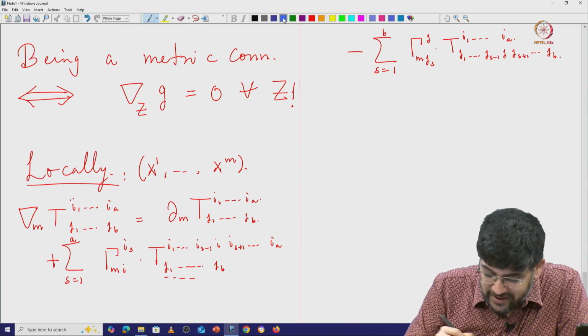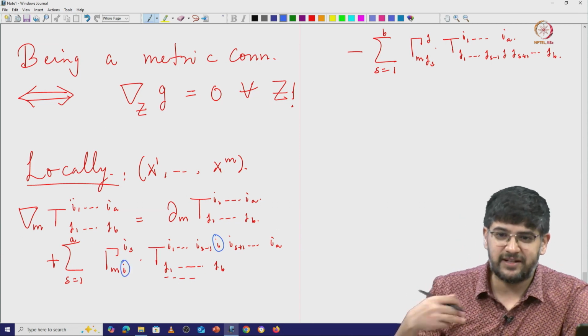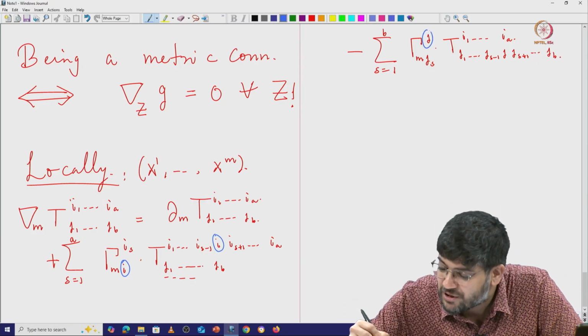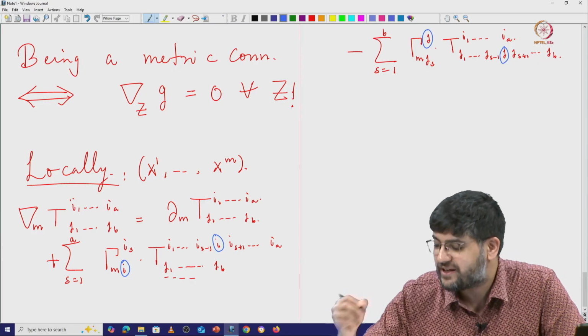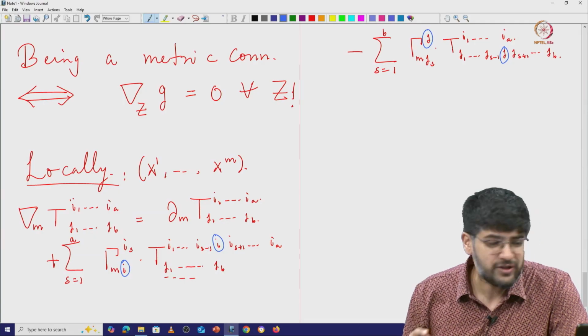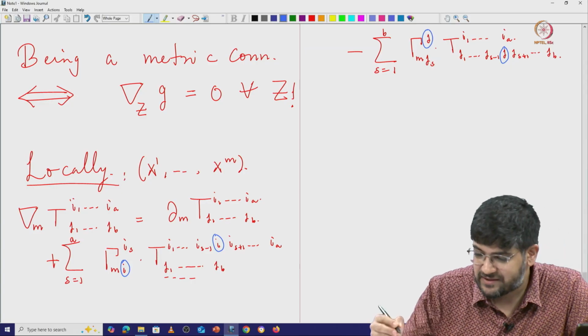In both these cases you have this index I, so by Einstein summation you are also summing over all possibilities for I. Similarly here you have this repeated index which you are again summing over.